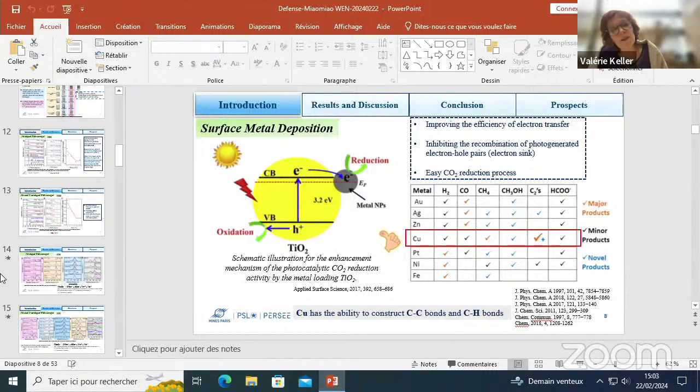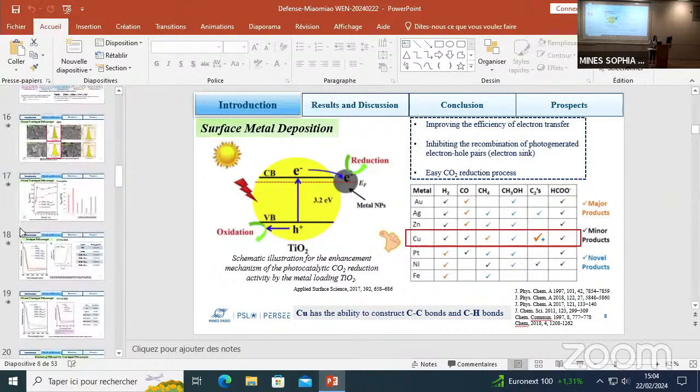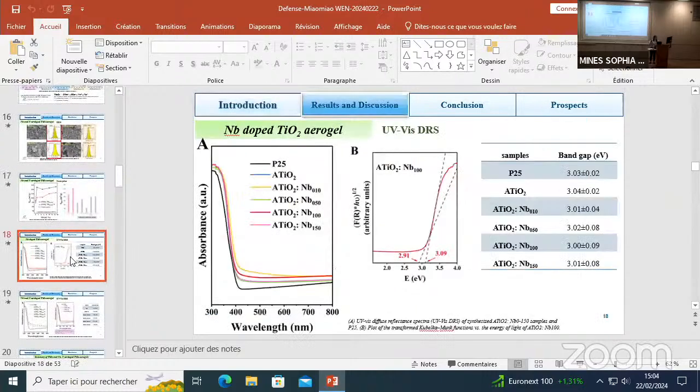I'm not sure that you can calculate an average band gap. Do you understand what I mean? I mean, in the band gap there should be others, not just the TiO2. Actually, from this sample, there should be another absorption.